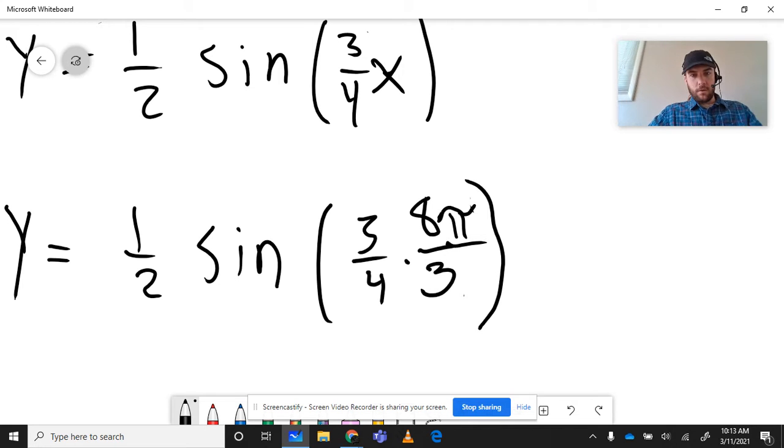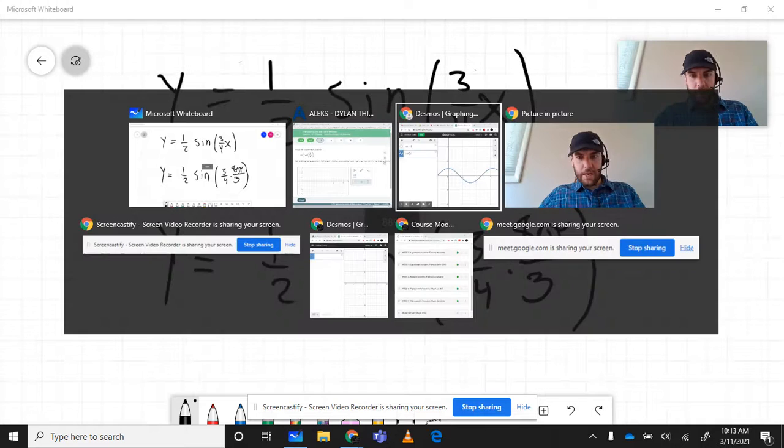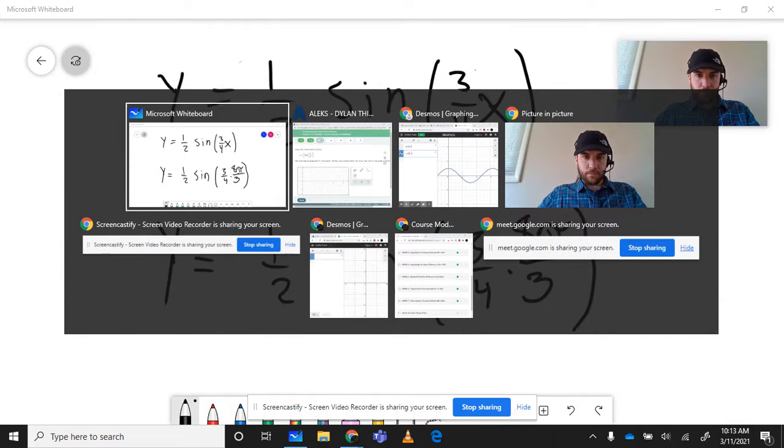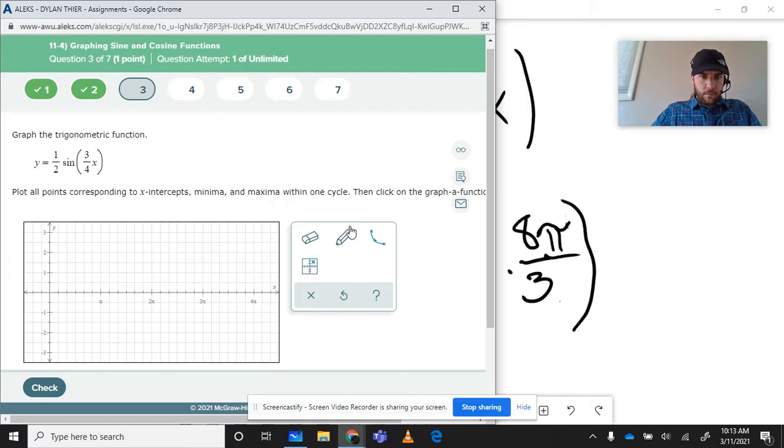Okay, so we can go to the graph and look for that 8 pi over 3. So pi over 3 would be every 2 boxes. So that's 6 and that's 8, I believe. 8 pi over 3, yes. Okay, so that's going to be the end of the cycle. We're going to get 2 pi in here.